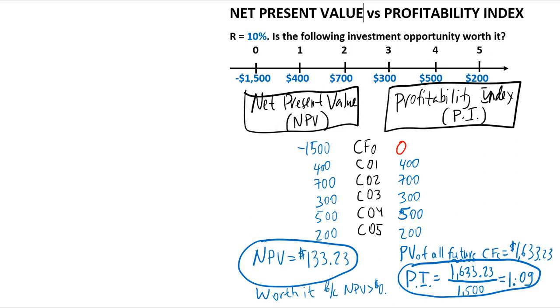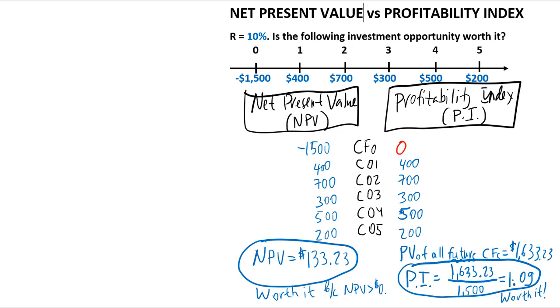What does it tell us? Because it's greater than 1, it means for every $1 you invest today, you get $1.09 back in the future. Is it a good investment? Of course it's a good investment. You want the profitability index to be greater than 1. If it's greater than 1, the investment is worth it. Right?